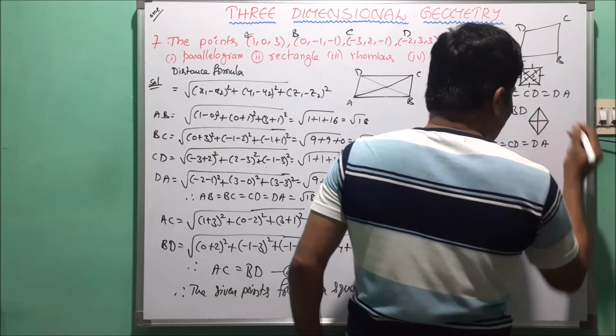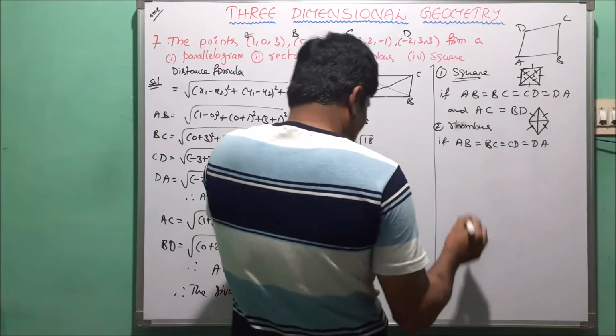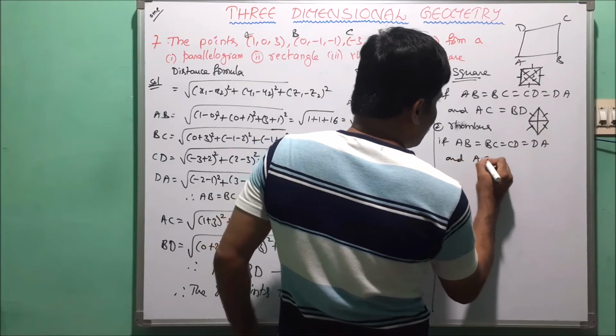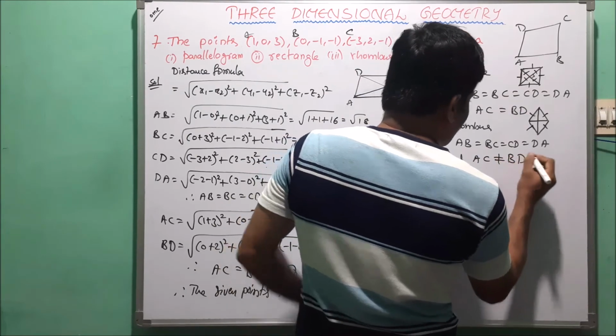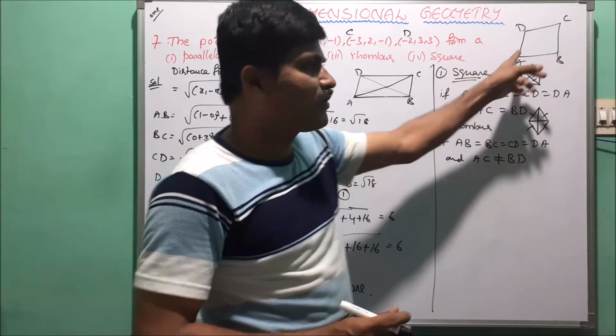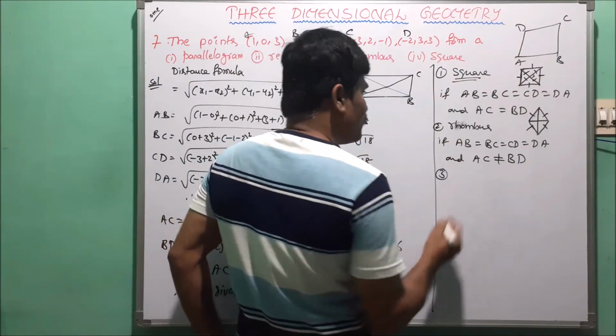In that we have to observe diagonals are not equal, but sides are equal. So AC is not equal to BD. So if these two conditions hold, then ABCD forms a rhombus.